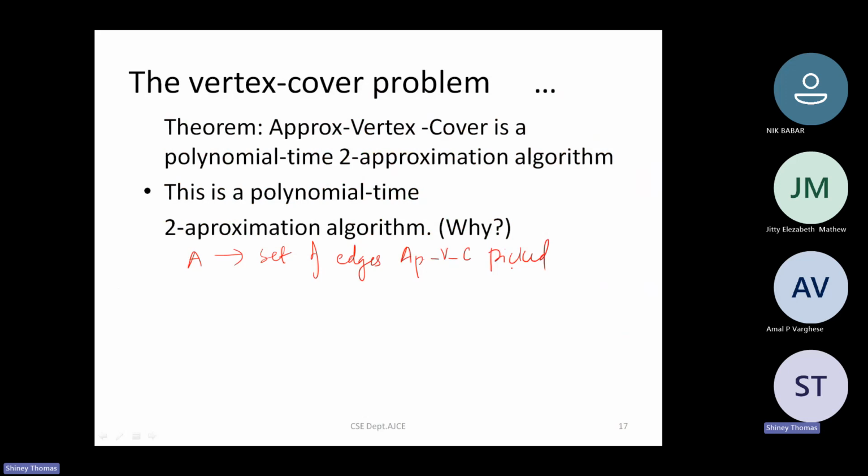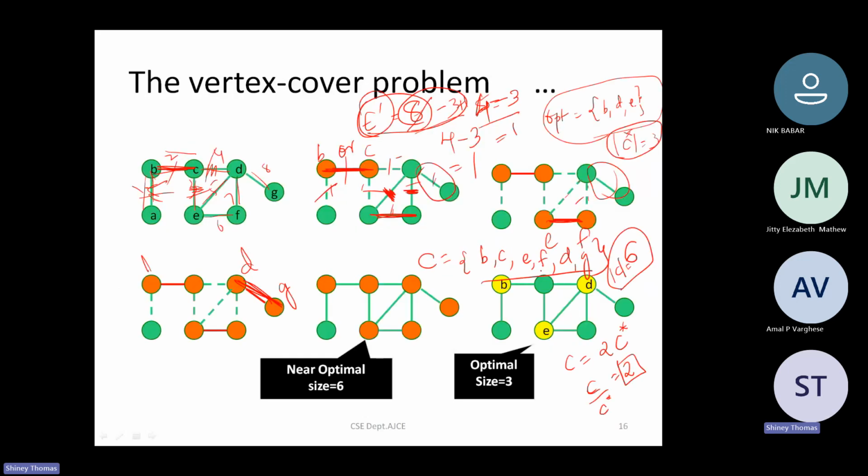Now, in order to cover the edges in A, any vertex cover must include one endpoint of each edge in A. For example, I'll just draw it. Basically, if you want the name also, that is BC, EF, and DG.